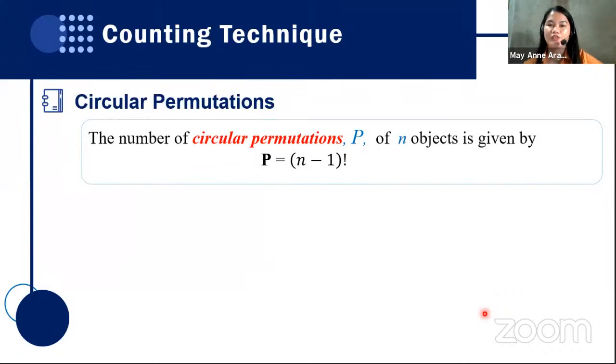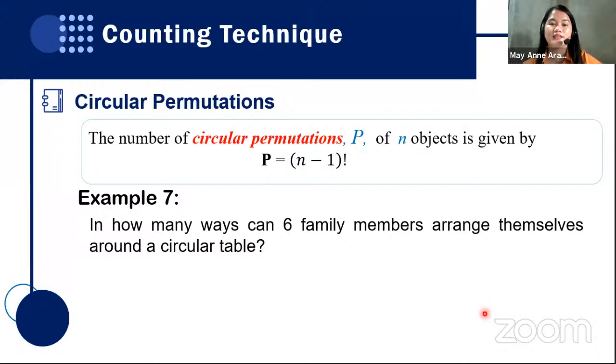And last, we have the circular permutation. This is also the easiest, because you just subtract 1 from n. Example: in how many ways can 6 family members arrange themselves around a circular table? A circular table, so it goes around, meaning this problem involves circular permutation.